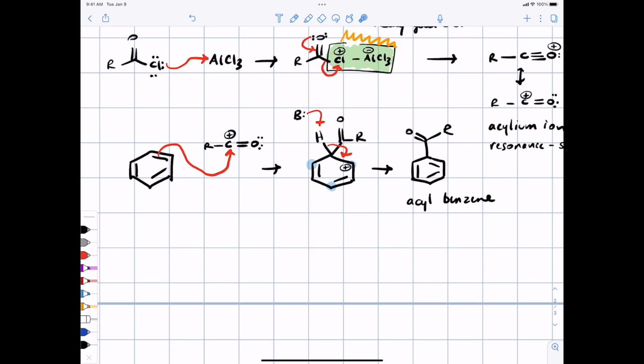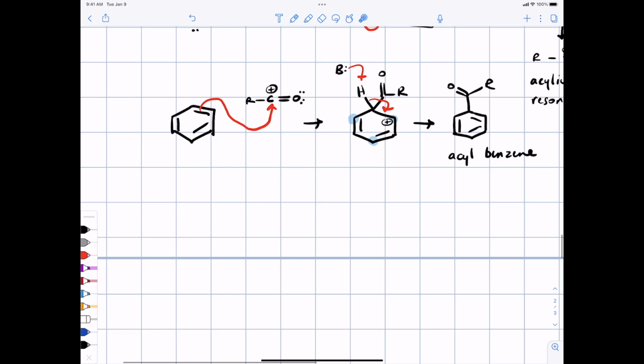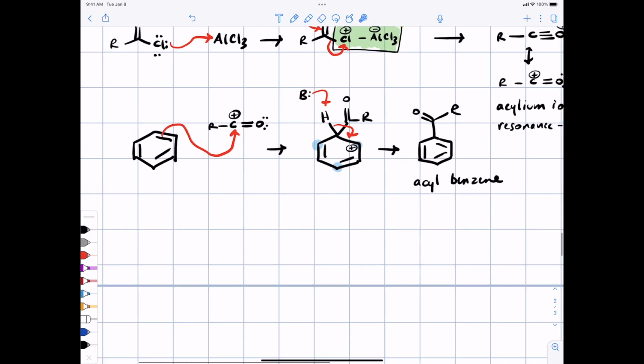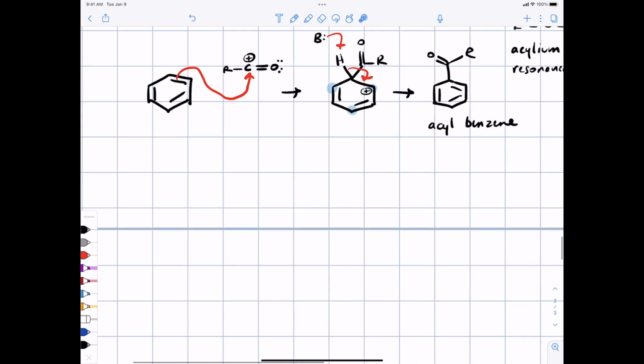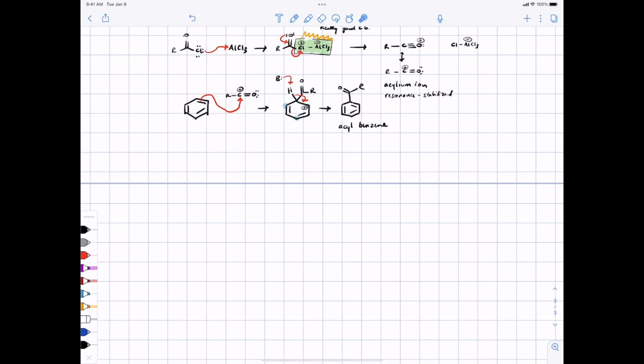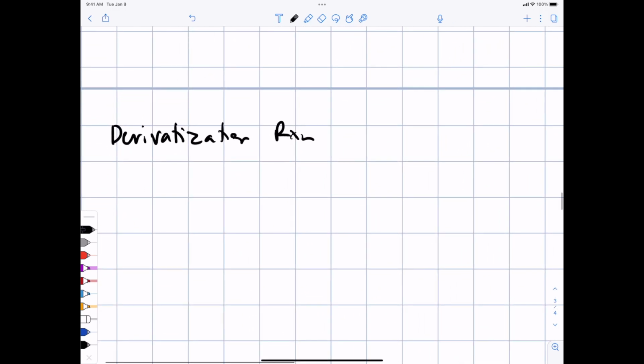One last derivatization reaction on acyl benzenes. We will talk about why this is the case, but notice that in an acyl benzene, the carbonyl group is an electron withdrawing group via resonance.